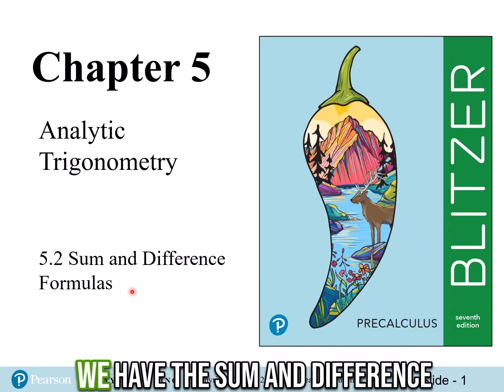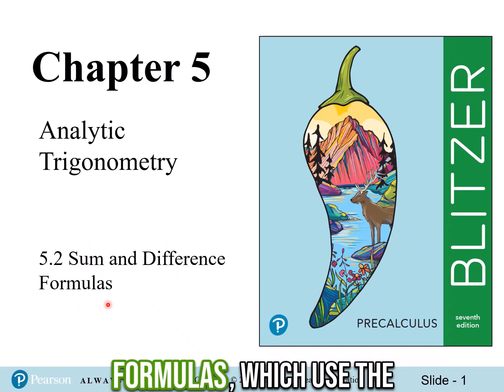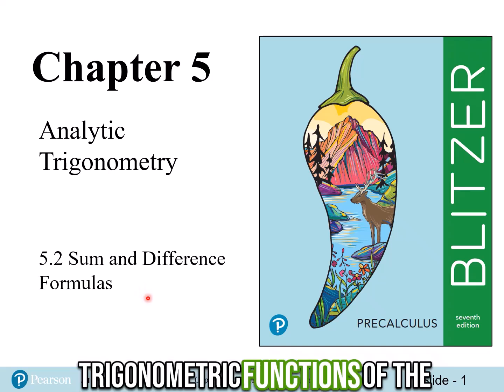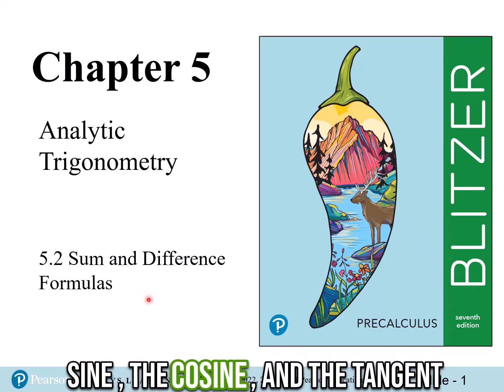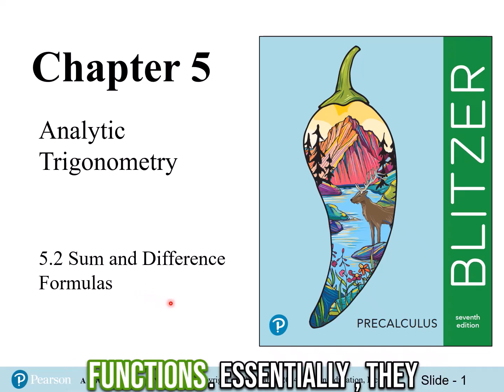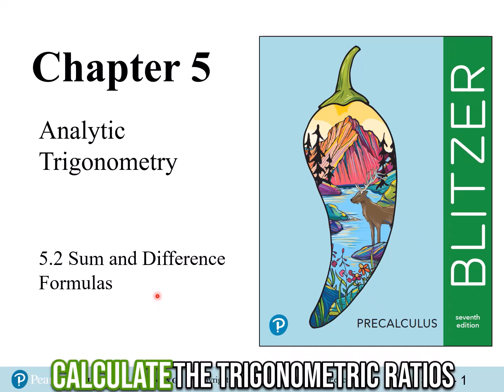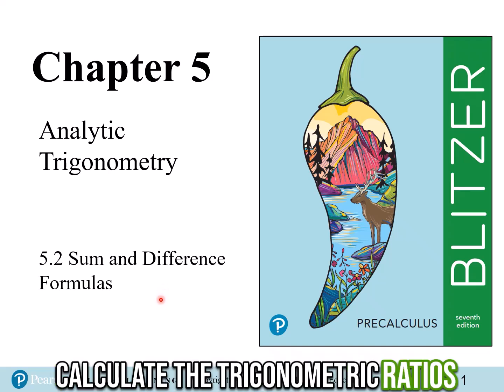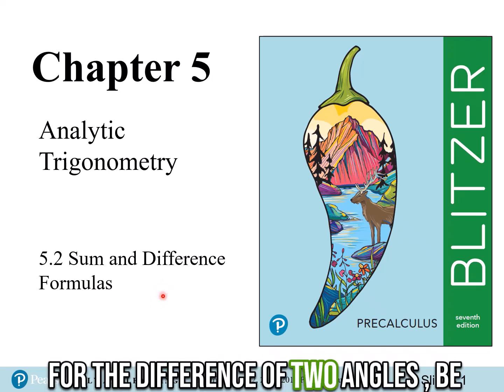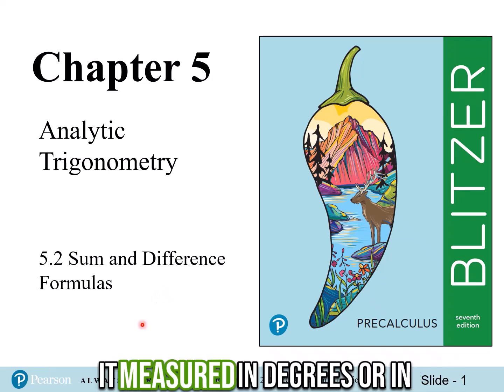In trigonometry, we have the sum and difference formulas, which use the trigonometric functions of the sine, the cosine, and the tangent functions. Essentially, they calculate the trigonometric ratios for the sum or difference of two angles, be it measured in degrees or in radians.